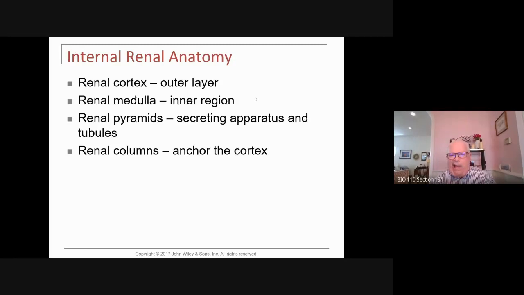Whenever you have a gland, and the kidney is considered a gland, just like the liver, the outer layer of a gland is the cortex, and the inner layer is the medulla. Specific to the kidneys, there is a secreting apparatus called the pyramids, and they look like pyramids. And to anchor the medulla to the cortex, you have columns, and I'll show you a picture of what we're talking about.